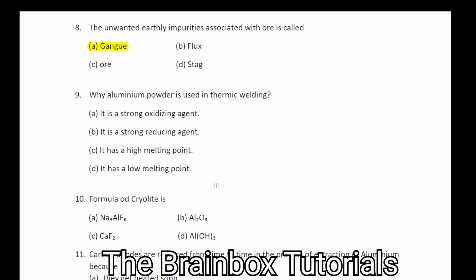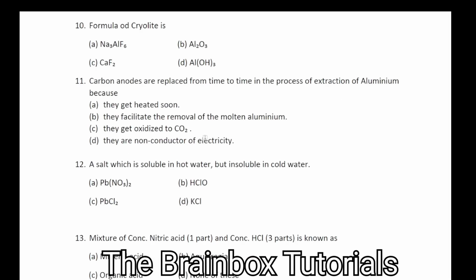See, all these questions are coming from the chapter metallurgy. Here option B, it is a strong reducing agent, will be the correct option. Now moving over to number 10.